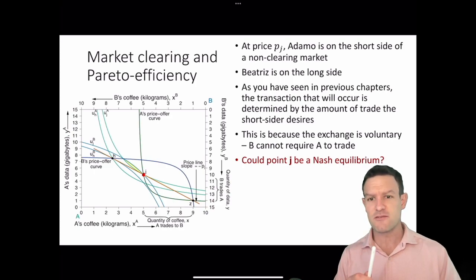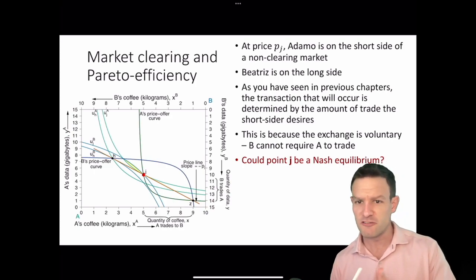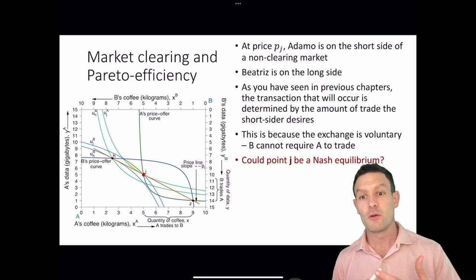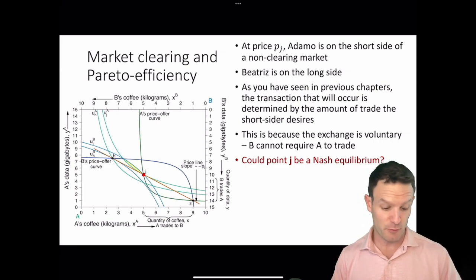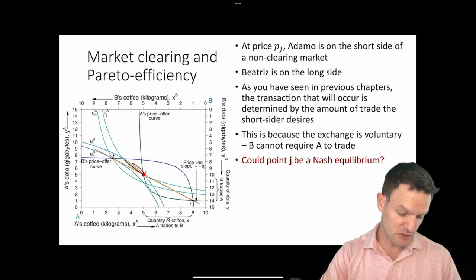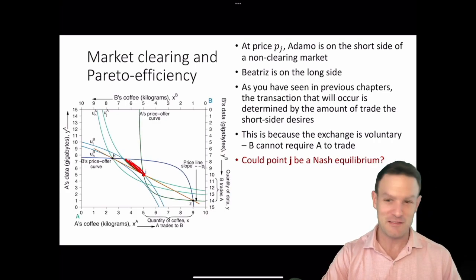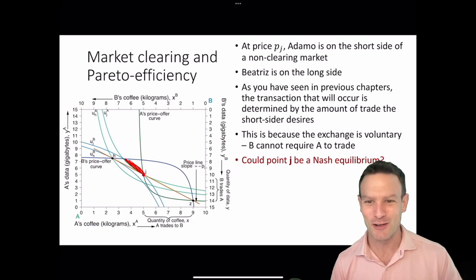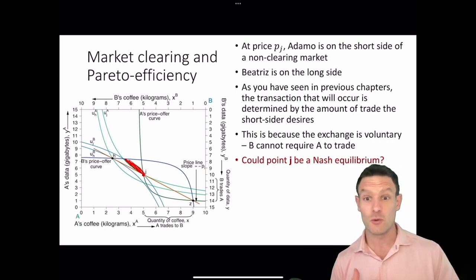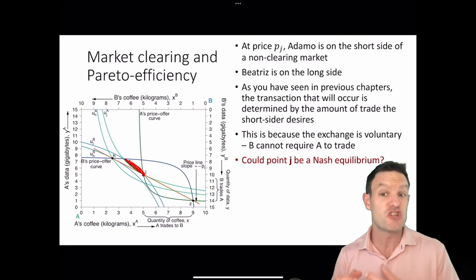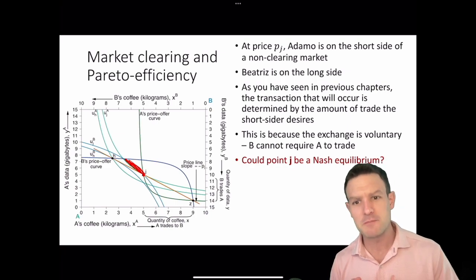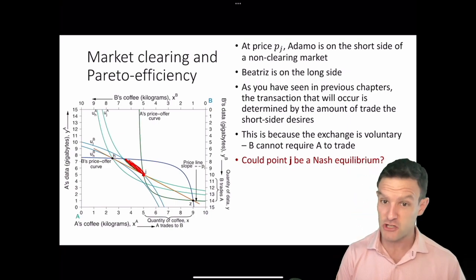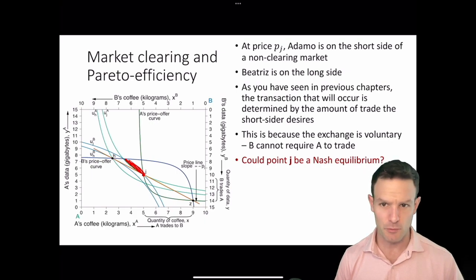The way in which they deviate is by thinking about alternative prices where they would both do better than point J. Some of those alternative prices are shown in this potential Pareto improving lens here, the thing that I'm scratching over there, which is in yellow. Those are alternative Pareto improvements over point J, suggesting to us that they could find a different price to PJ that would be better for both of them. So that point PJ is not Pareto efficient, and it's also not a Nash equilibrium.